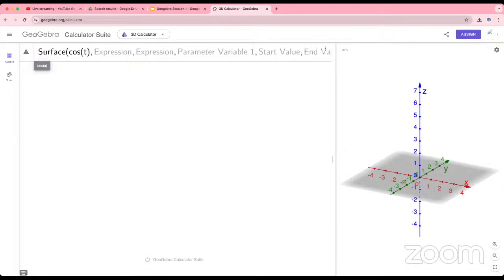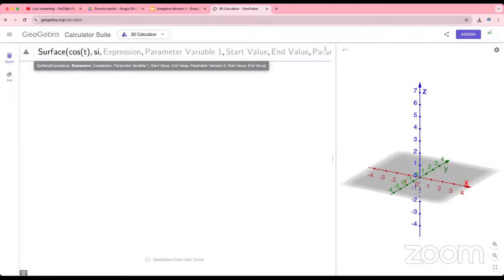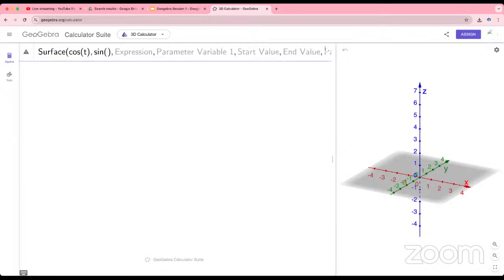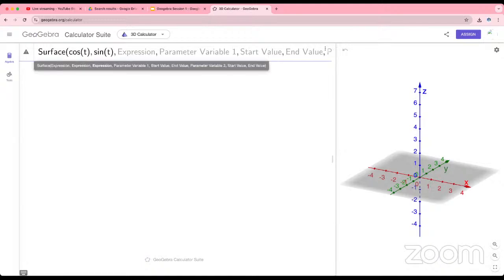How is it changing in y? We also know that it's basically a circle in the xy plane. So in a circle, cos theta, sin theta, x and y are changing. In a similar way, my cos and sin are changing. Can anybody tell me how it's changing in the z direction?